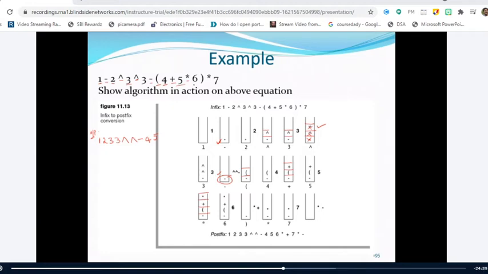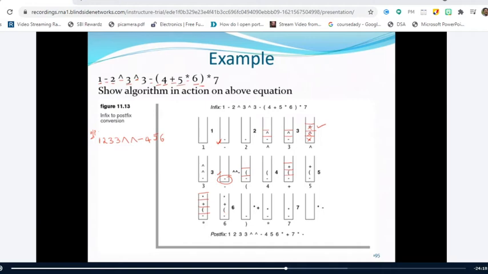Now I come across 6, place it in the output. Now I come across a closed parenthesis. So in such a case, what I have to do, if it is a closed parenthesis, you have to pop all the elements from the stack and place them in the output until you come across a matching open parenthesis, right?